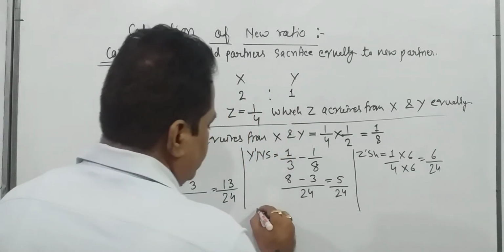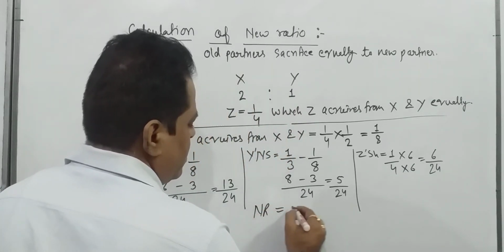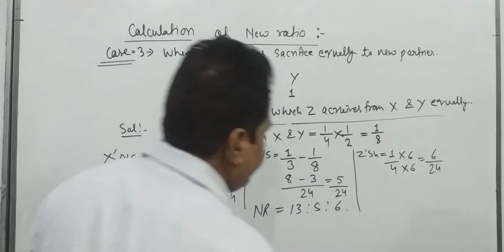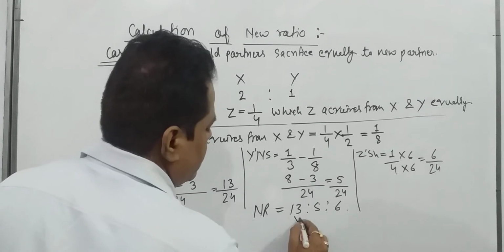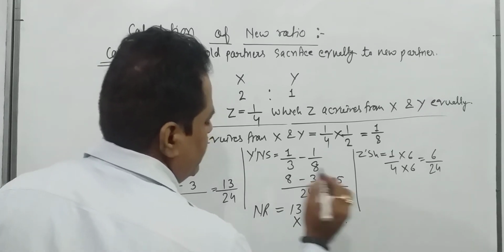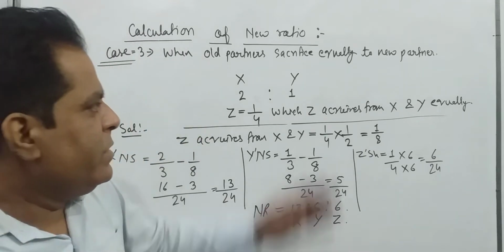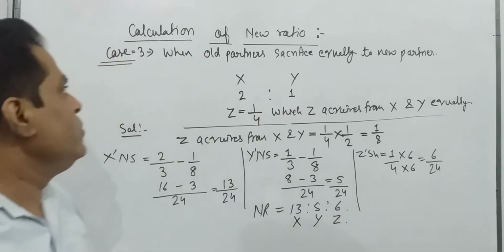So your new ratio is 13:5:6. This is the new ratio of X, Y and Z. Okay, case number 3 is over.